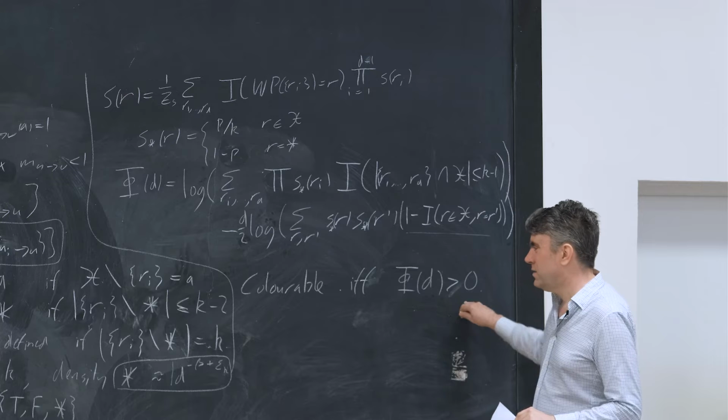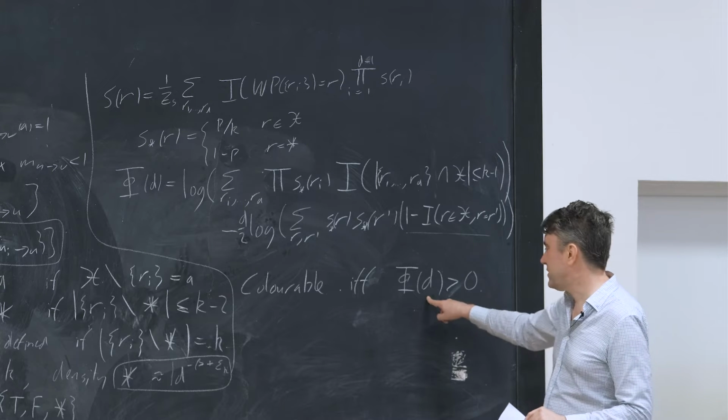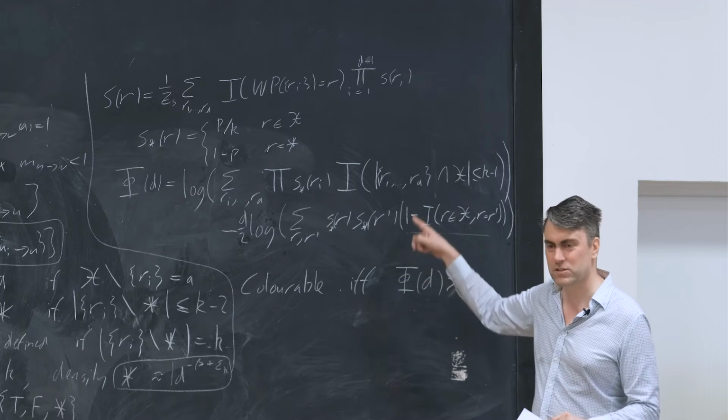If they're equal, then, well, probably that never happens because D is an integer and this is some weird function.